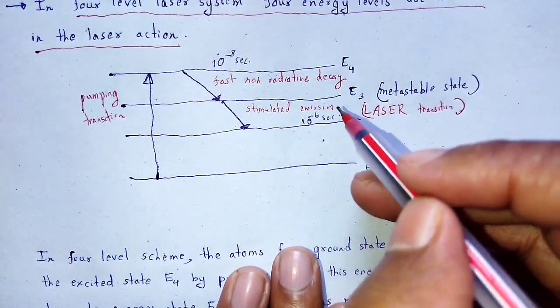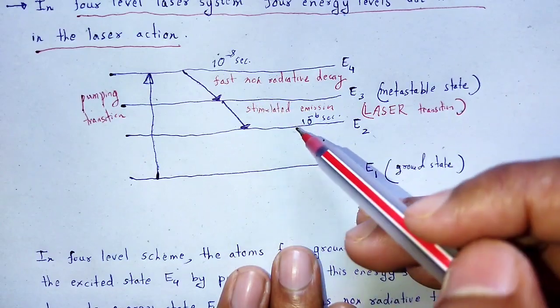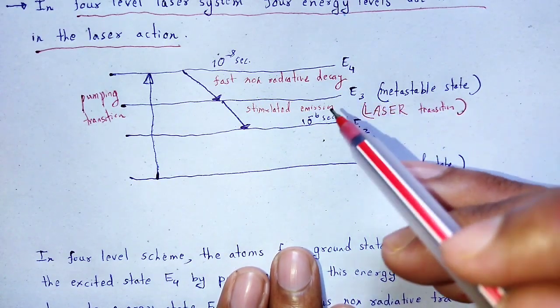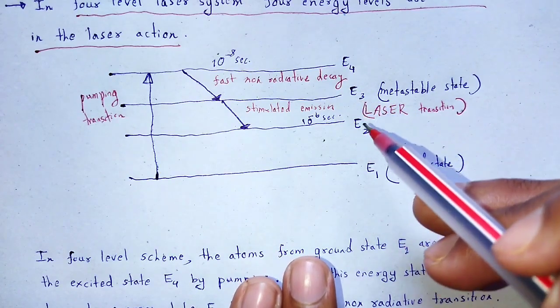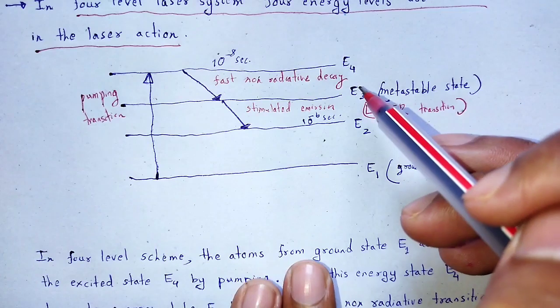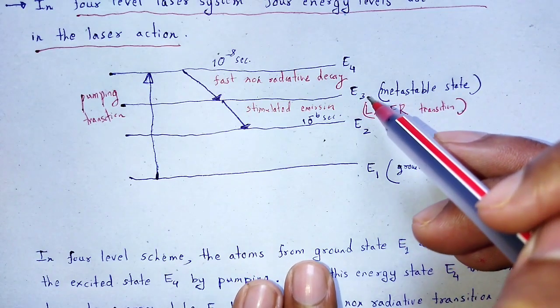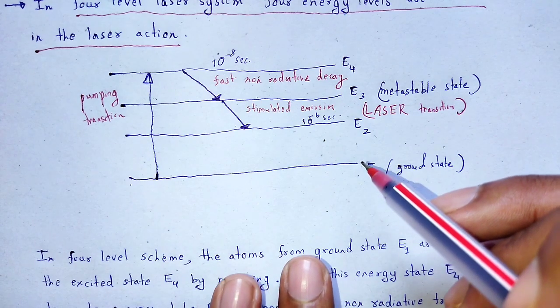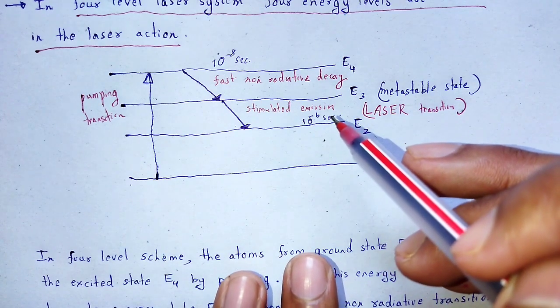Population inversion takes place due to a huge time difference between the energy levels E4 and E3 in comparison to that of energy level E2. The number of atoms accumulated at energy level E3 is much more, and population inversion holds good.